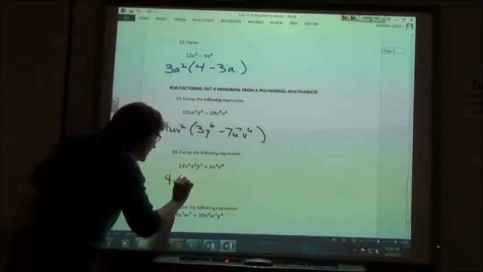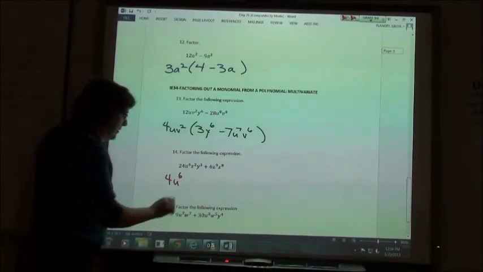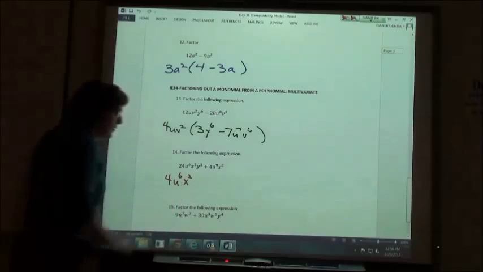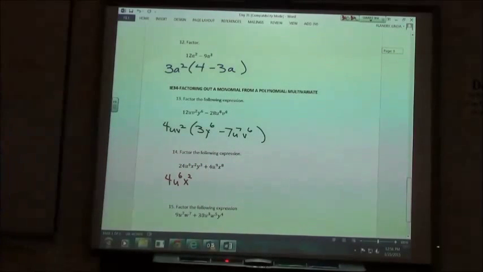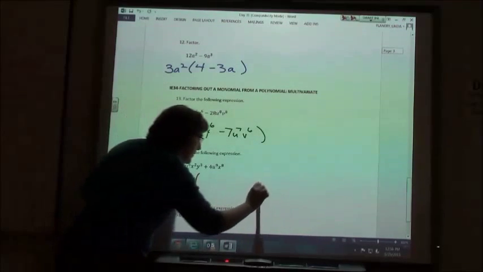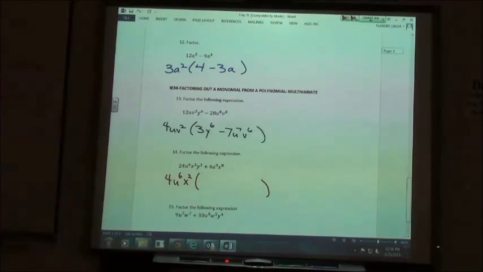U to the sixth, exactly. And x to the second, right? Because they both have x's, and so I take out the lower number. No y's, so you don't do that.